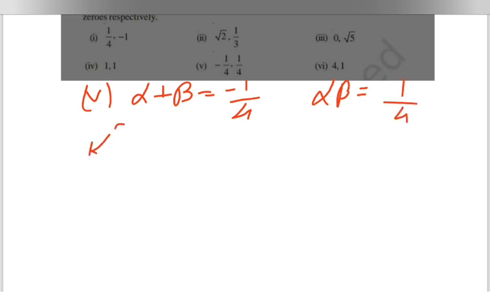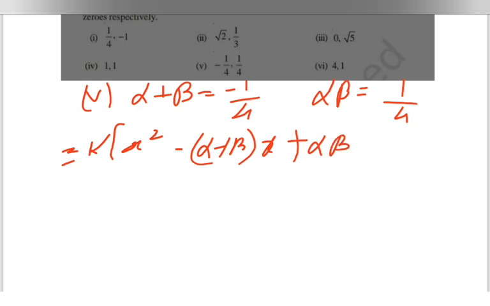Formula is k into x square minus (alpha plus beta) x plus alpha beta. So this is the formula. So in the steps you should write k. K is the important one. If you leave this, your teachers will cut off a mark. So k is important. Don't forget to put that.